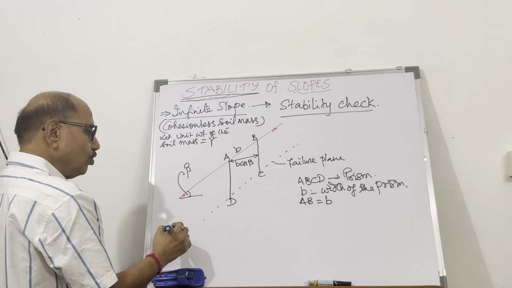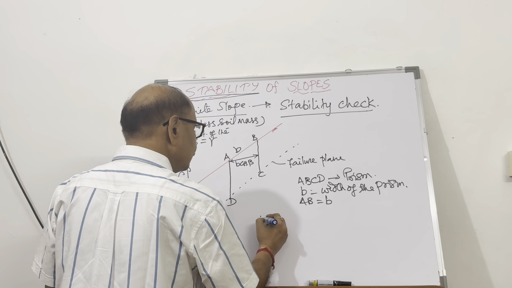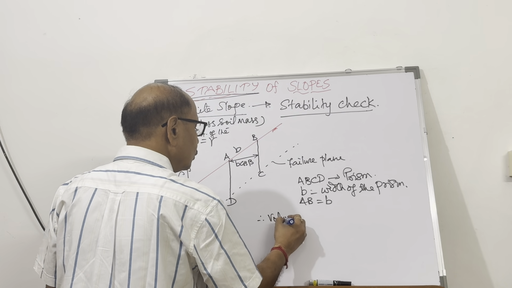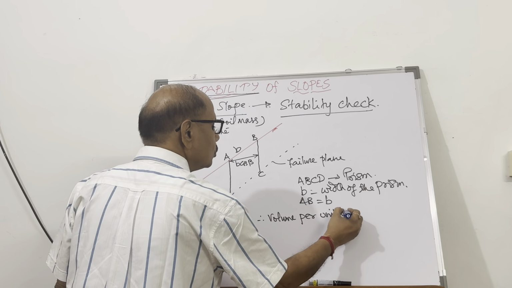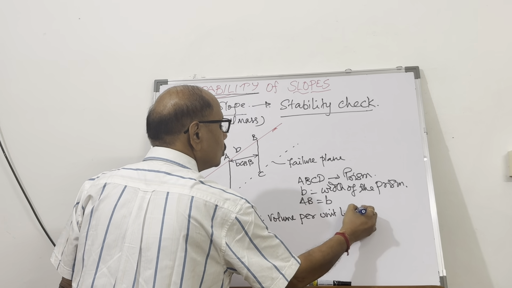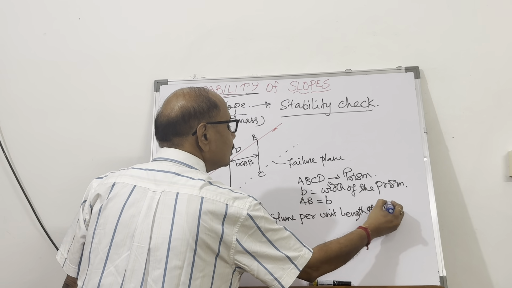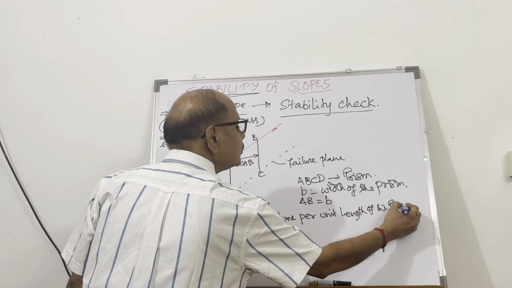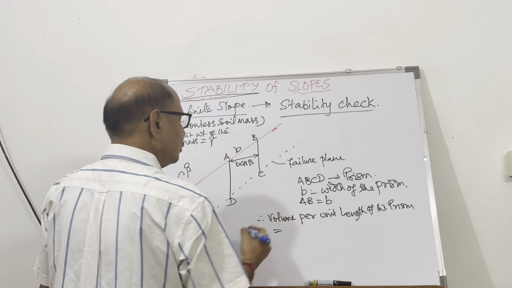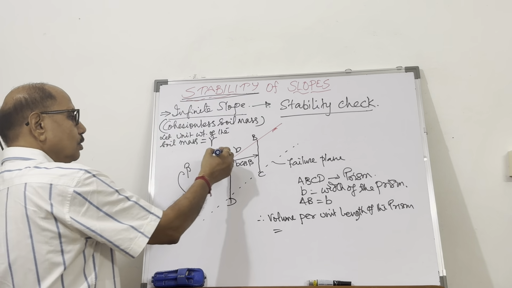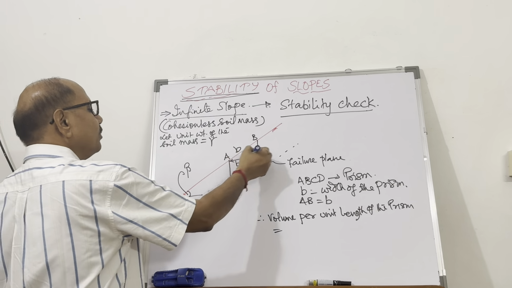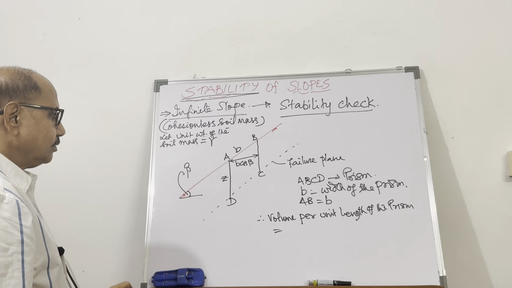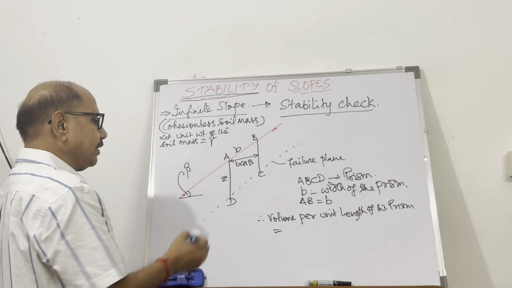Therefore, the volume per unit length of the prism will be equal to B cos beta, and let's say this is Z. The failure plane is situated at a depth Z.